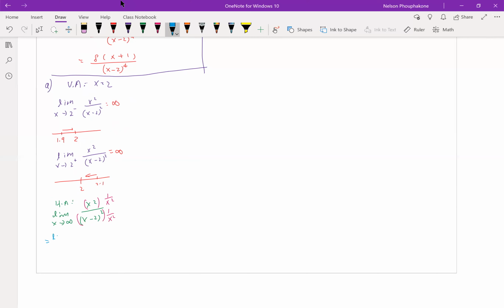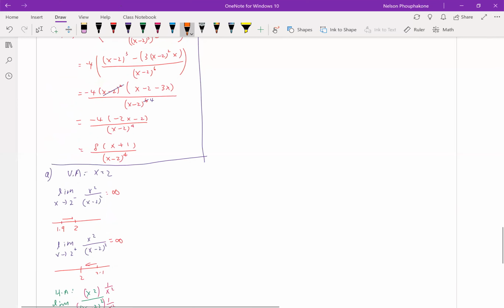Now it is the limit as x approaches infinity of 1 over 1 minus 2 over x to the square. Of course, we found that the answer is equal to 1, because this goes to 0. My horizontal asymptote is y equal to 1.